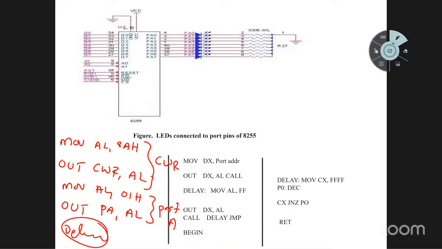In that 7 segment display, whichever 7 segments you want to glow, you can write the value for that in AL, then you can send that to the 8255. So this is the interfacing of LED as well as interfacing of 7 segment displays.